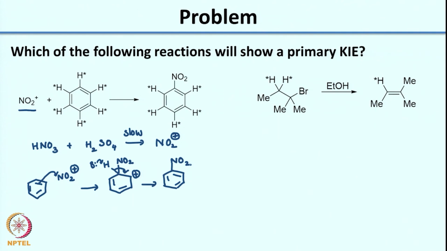Now, in this case what you see is you do have a CH bond which is breaking, correct? All the others might be intact, but you do have a CH bond that is breaking.